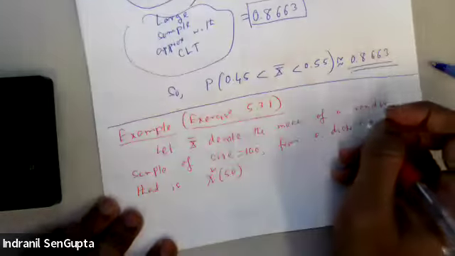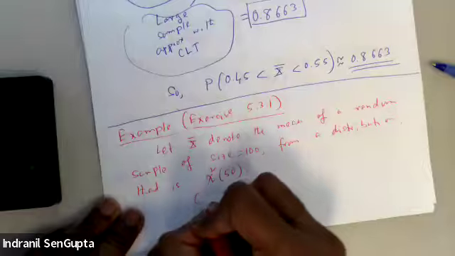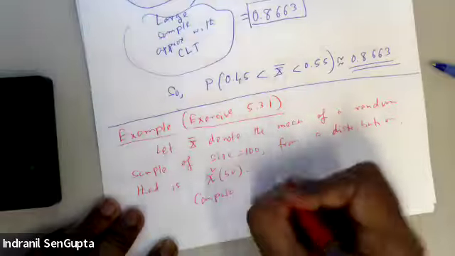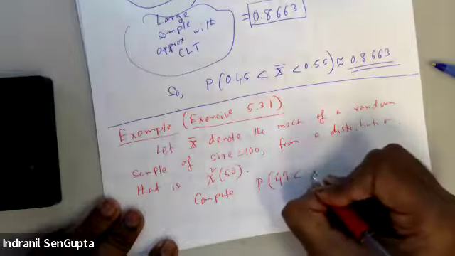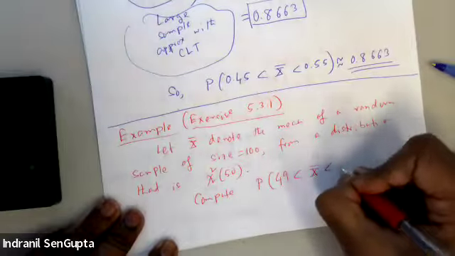So chi-squared 50. Compute the probability of 49 less than x bar less than 51.